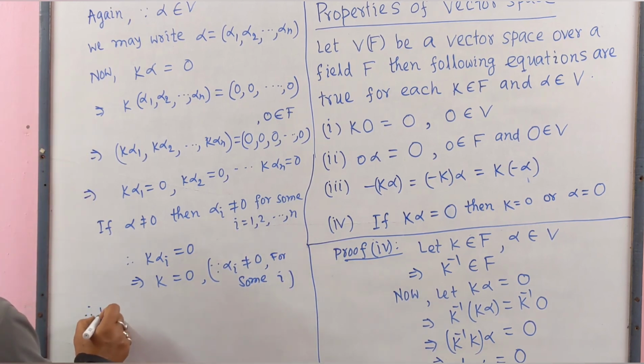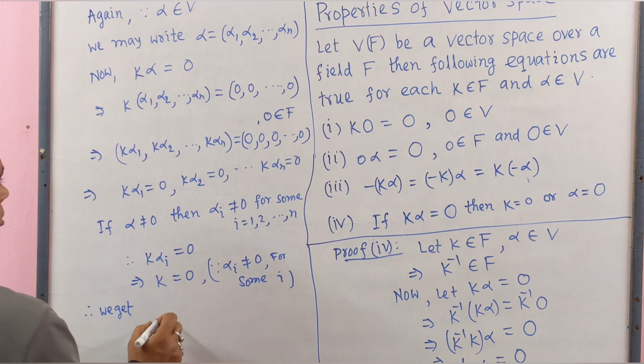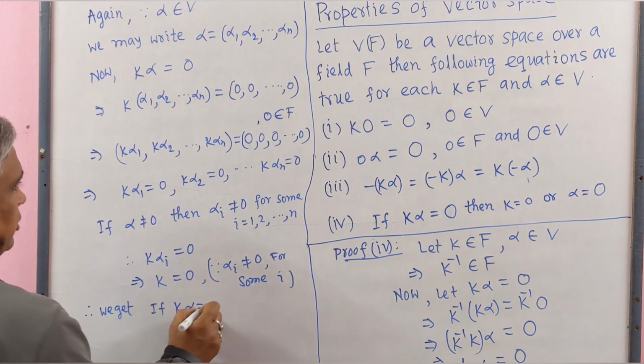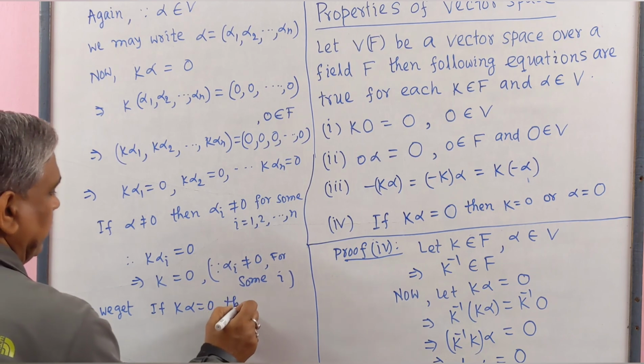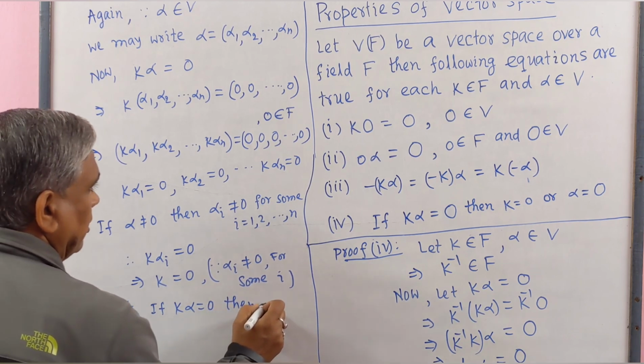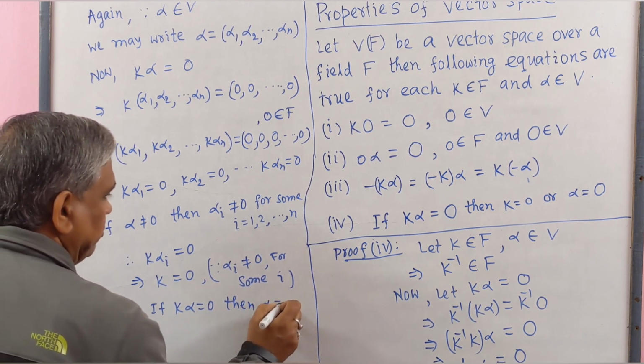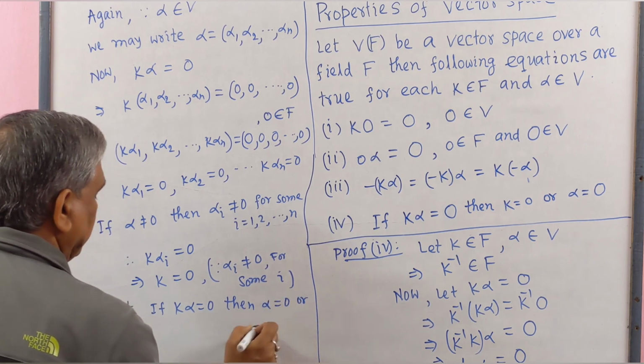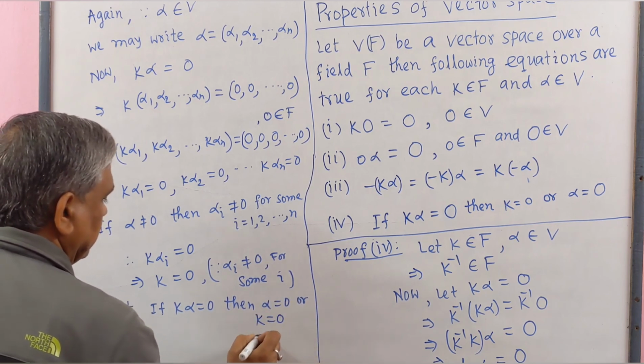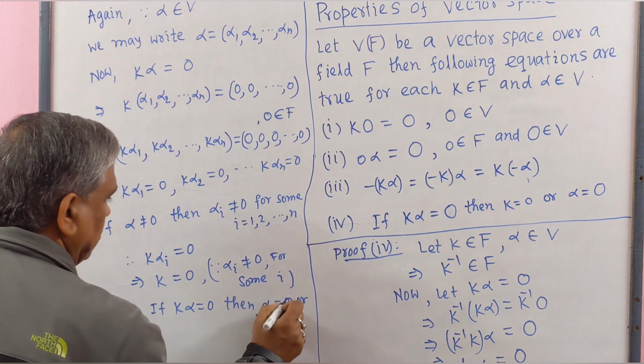Therefore, we get that if k alpha equals 0, then alpha equals 0 or k equals 0. Proved.